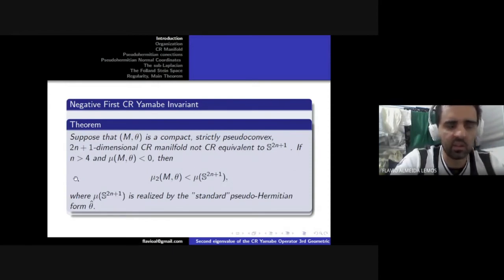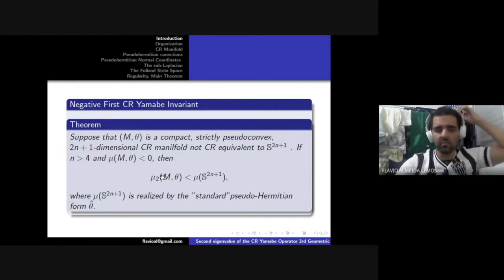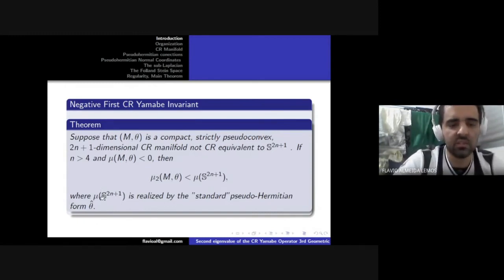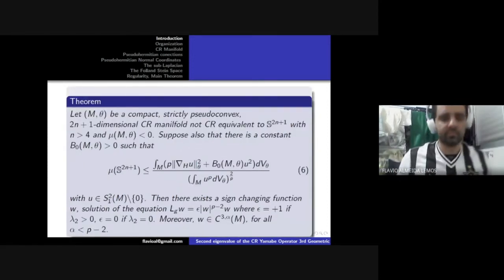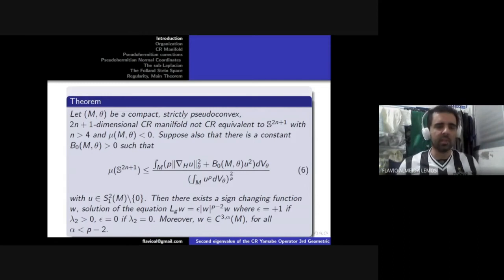If n is strictly greater than 4 and the Yamabe invariant is negative, then we have a strict inequality with the first CR Yamabe invariant on the CR sphere. This is our main theorem here.